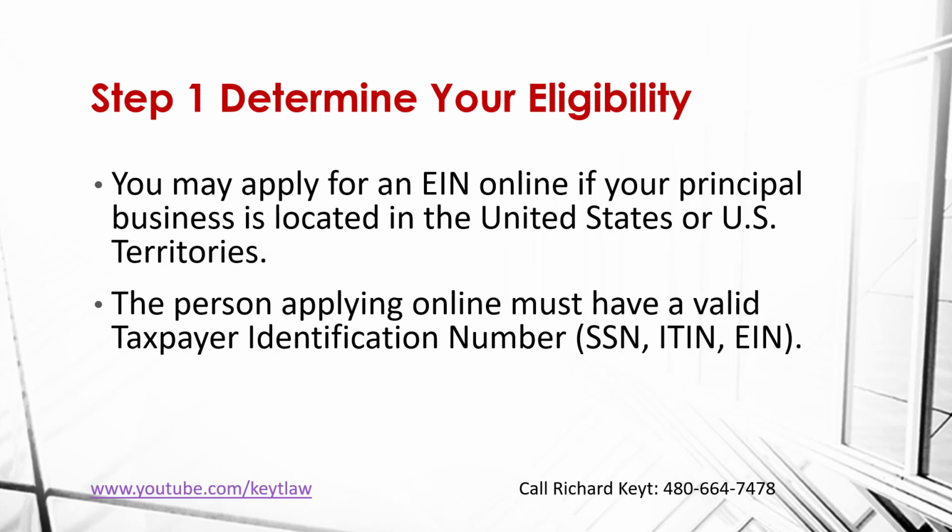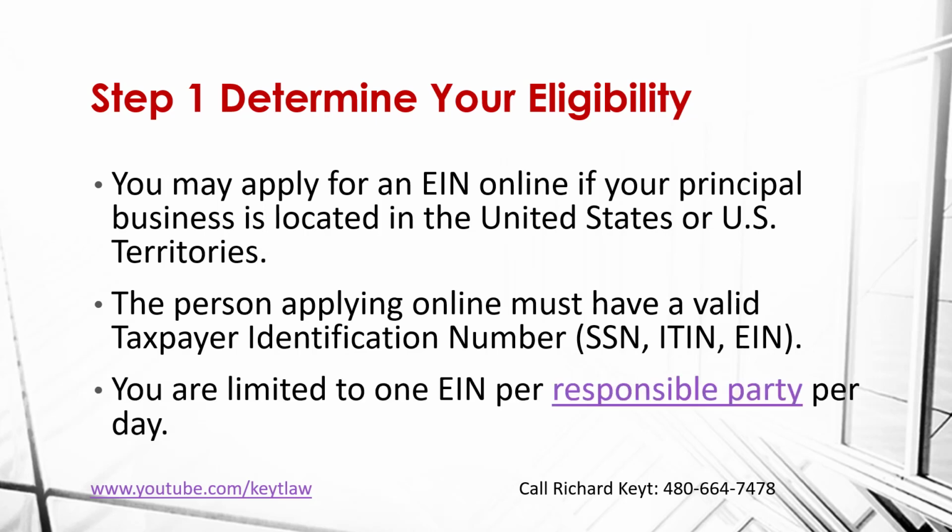The IRS issues ITINs to foreign nationals and others who have a federal tax reporting or filing requirement and do not have or qualify for an SSN. Companies are issued EINs. So the responsible person has to have either an SSN, an ITIN, or an EIN. And you're limited to one EIN per responsible party per day.